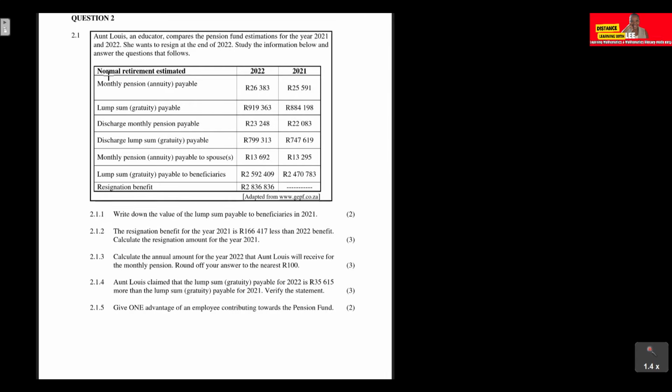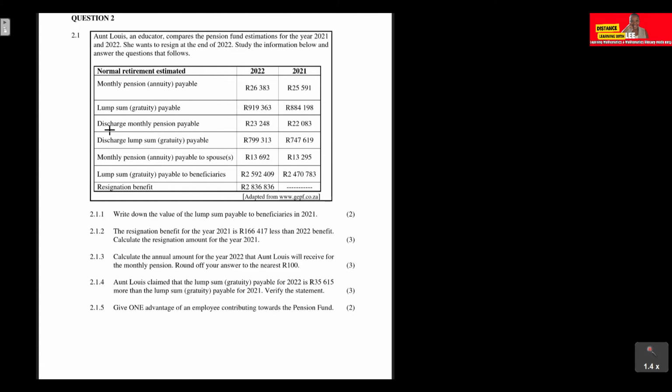So we are given the normal retirement estimates for the years 2022 and 2021. Okay, we are told the monthly pension annuity payable, right, as 26,383 in 2022 and 25,591 in 2021, right? We are given the lump sum gratuity for both the years.